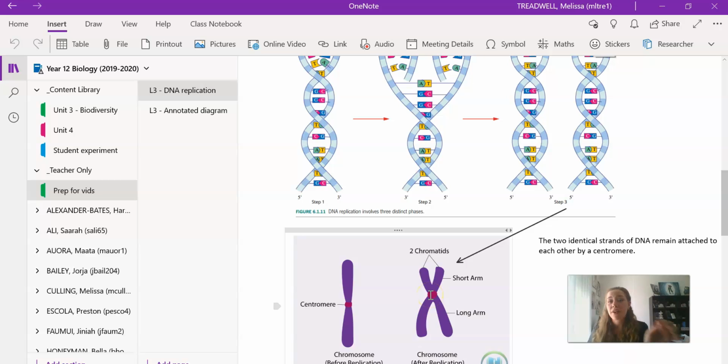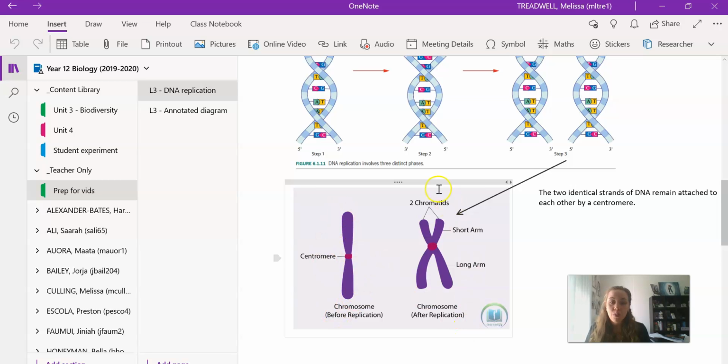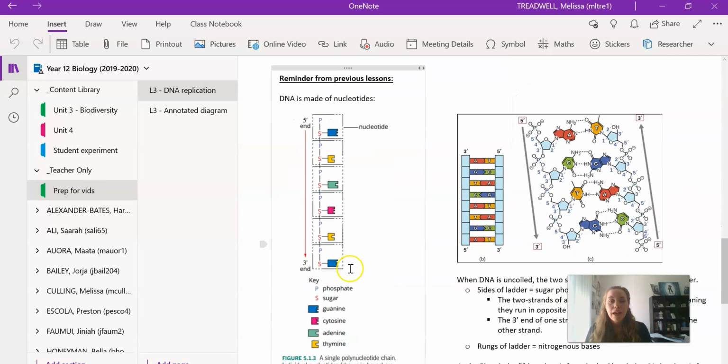That's very important when we start to look at when cells start to divide. It's still considered one chromosome. Here we started with one chromosome. It's created an exact copy of itself, but it's still attached, so we still call this one chromosome. It's now just a double-stranded chromosome instead of a single-stranded one.